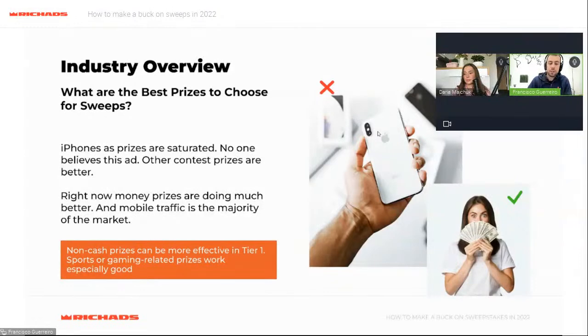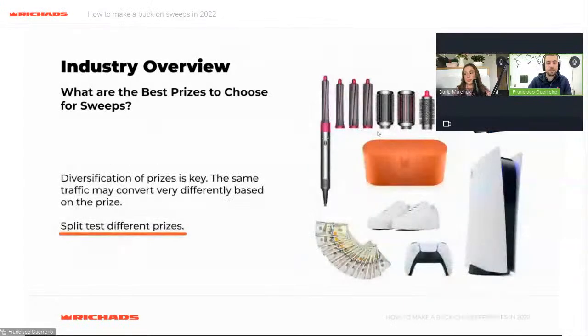So non-cash prizes can be very effective, and depending on the tier of the countries, you will see different kinds of prizes. So yeah, it's important for you to diversify the type of testing that you are doing.